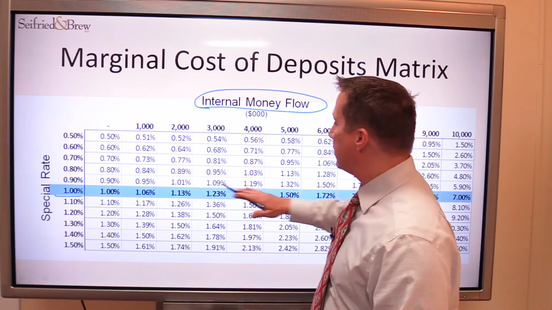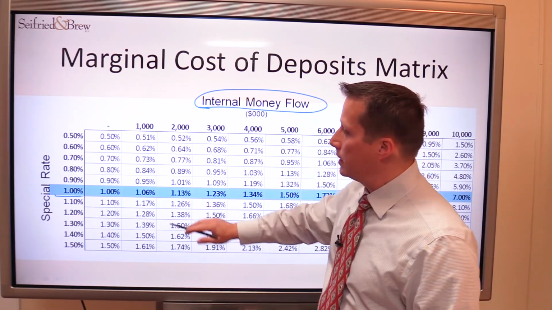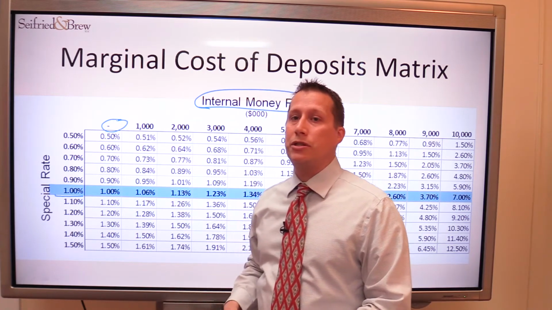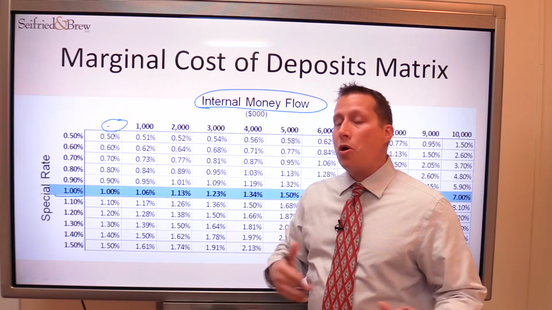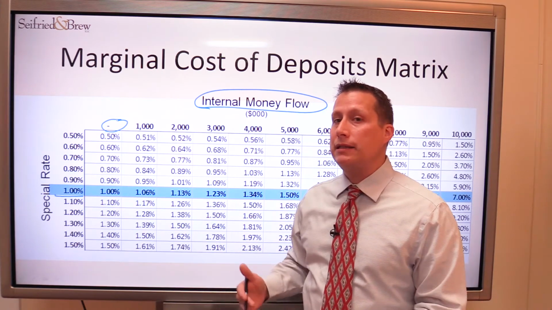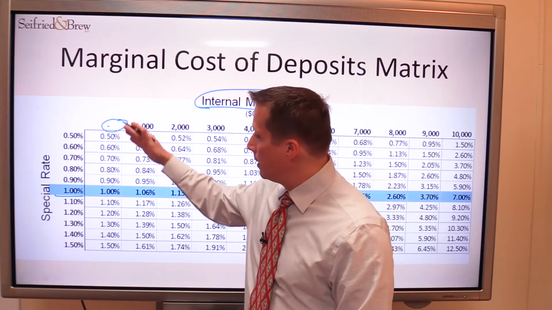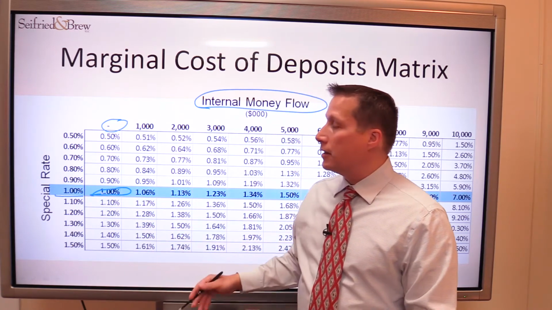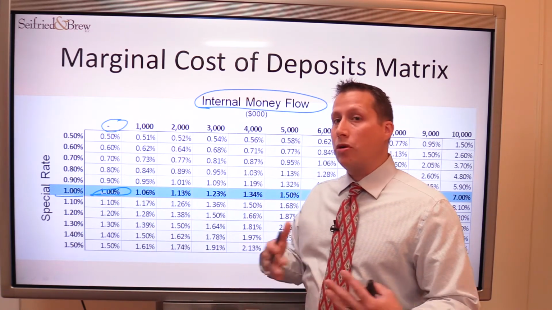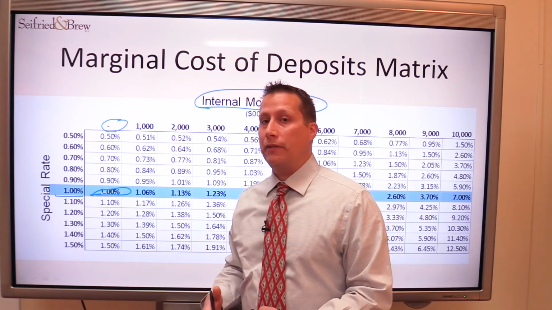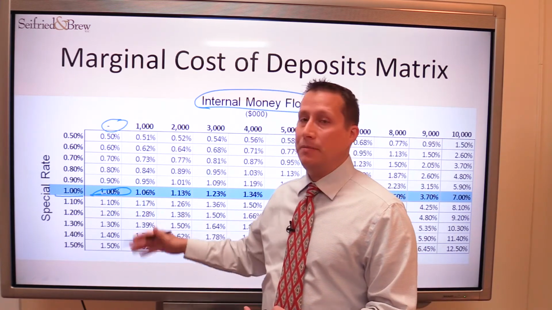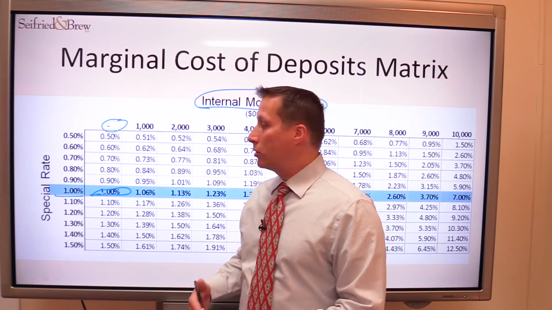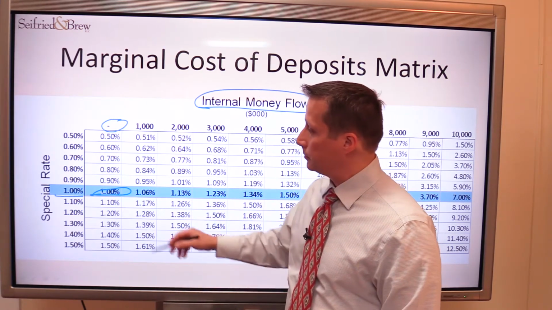If we take zero funds from inside the institution, so all new funds, the $11 million that we raised in this account would be at that marginal cost of 1%. No money flowing internally into this account simply means that the rate you're offering is the marginal cost of deposits.